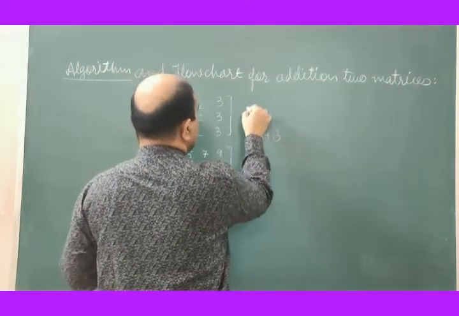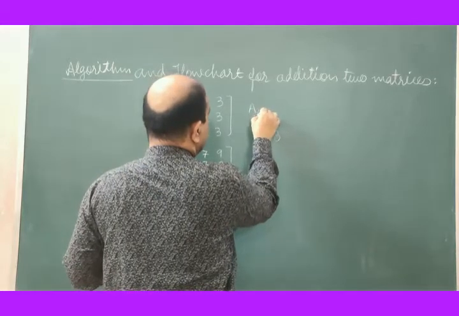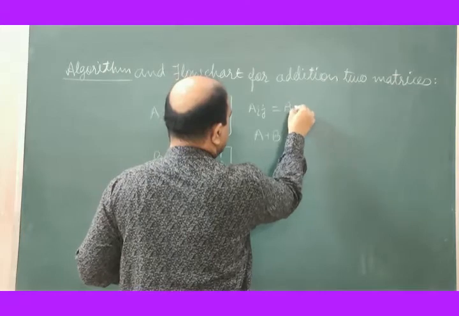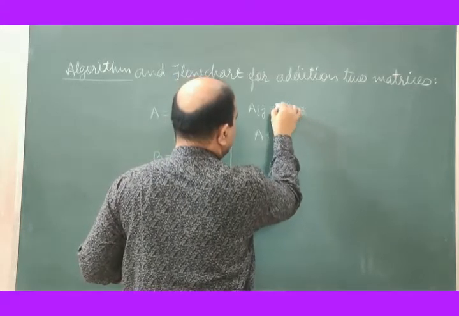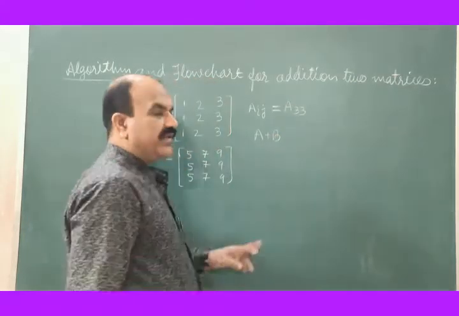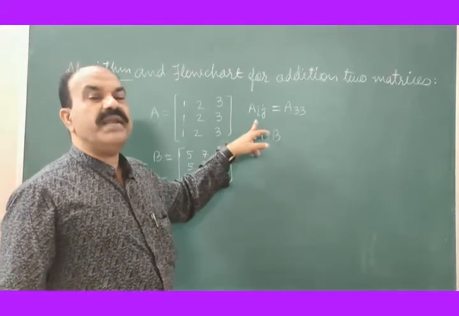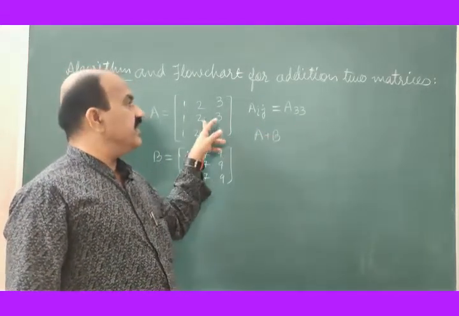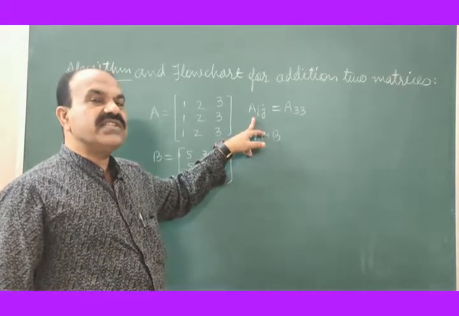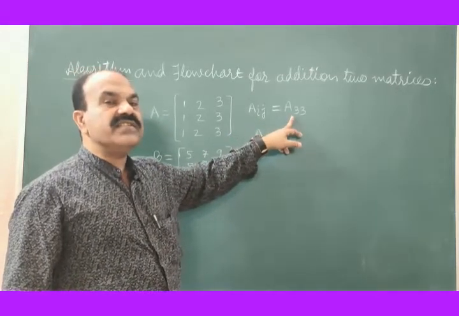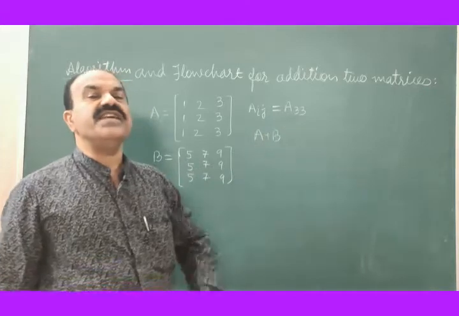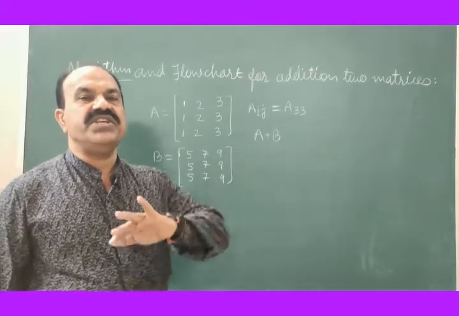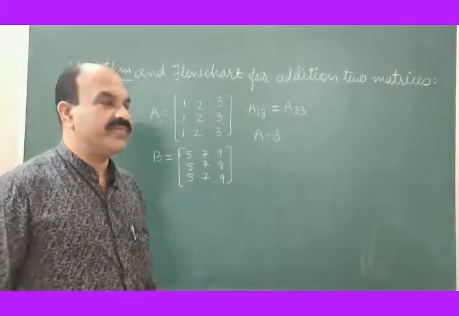Here, matrix A may be represented by Aij, which is the general case; the specific case is A33, meaning that matrix A has 3 rows and 3 columns.